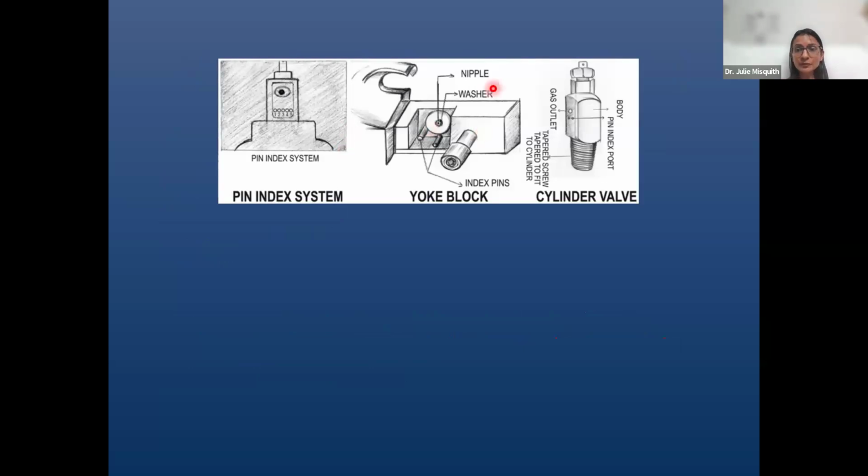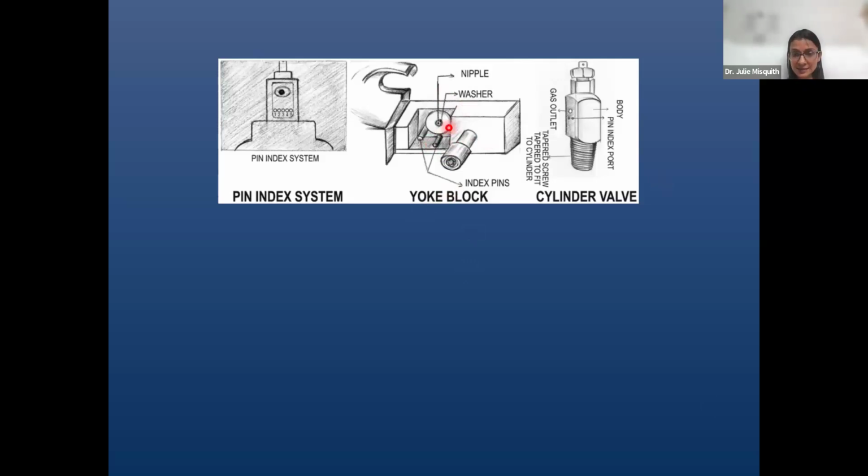Now, the pin index system, like you can see here, the yoke of the pin, helps in preventing misconnections. The pins on the yoke must align precisely with the holes on the cylinder valve for a seal to form and gas to flow. It also ensures correct gas delivery. If the cylinder and the yoke are mismatched, the pins and holes will not align, preventing gas flow and ensuring the wrong gas is not delivered to the patient. Also, you can see a Bodok washer.